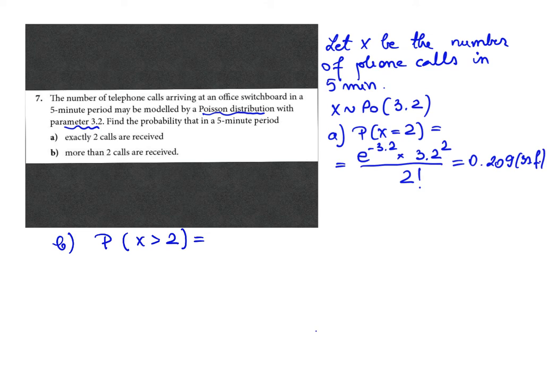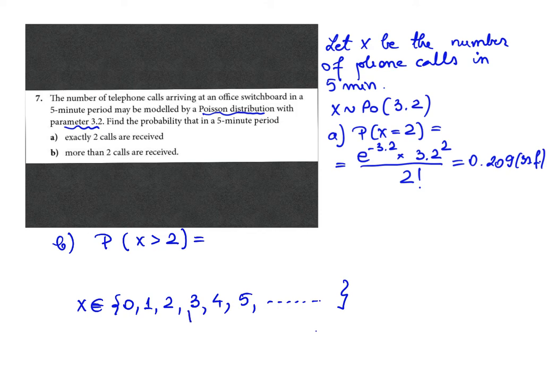Well, how am I going to do this? That's a cumulative probability. How many calls can she receive? So what values can X take? X can be 0 calls, 1 call, 2 calls, 3 calls, 4 calls, 5 calls. Theoretically, she can get infinitely many calls. We know that all these probabilities add up to 1.